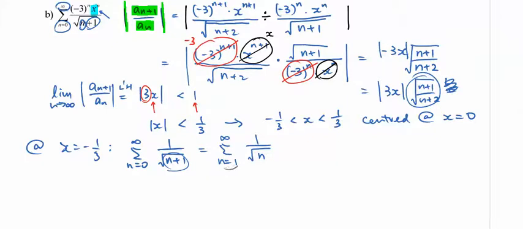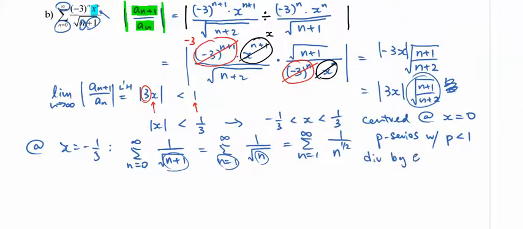I can also start with n equals 1 with just n in the denominator. And here, this is a p-series with 1/2 in the exponent. And from the previous chapter, we know this is a p-series with your exponent less than 1. Therefore, this is a divergent series by the comparison test. So negative 1/3 doesn't work for the interval.